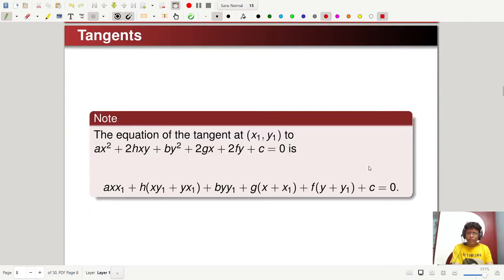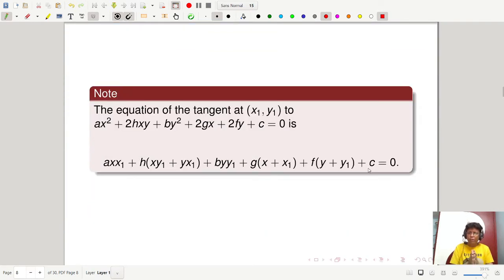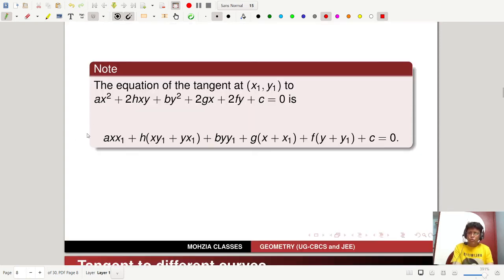Let's see a few examples. Let us find the equation of the tangent at x1, y1. I want to write the equation directly without any calculation, which is sometimes needed for other calculations. So ax squared becomes a x x1, because if there is a squared term, it becomes x x1. And if there is a twice term, it will be halved.